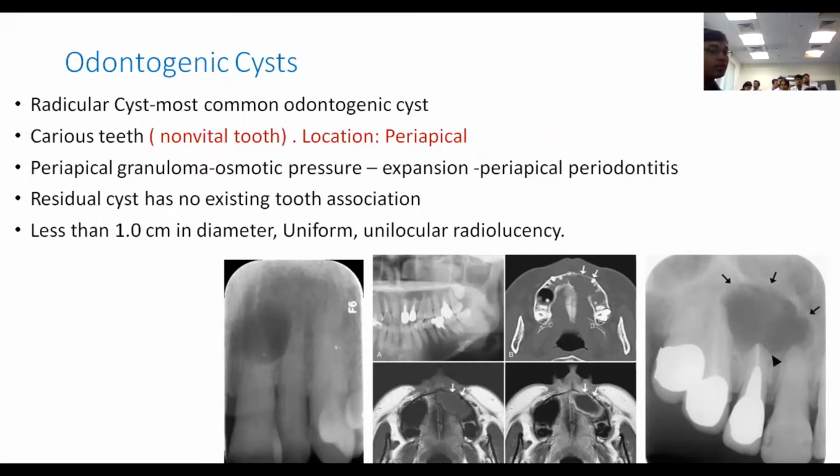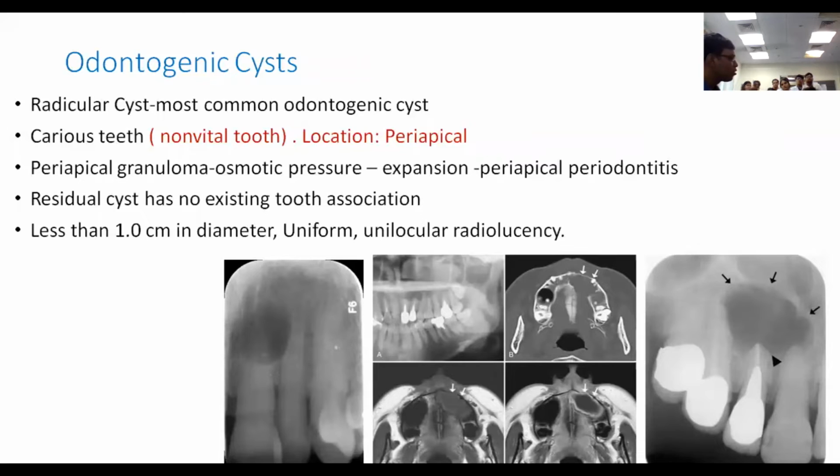So usually it is less than a centimeter in size. You will see it is uniform, well-defined, sharply marginated. Mostly they are unilocular, whether you do intraoral radiograph or OPG or MR or whatever it is. If it is related to infection, then you can see the enhancement. The enhancement will be thick and granular, because it is related to the infected tooth.